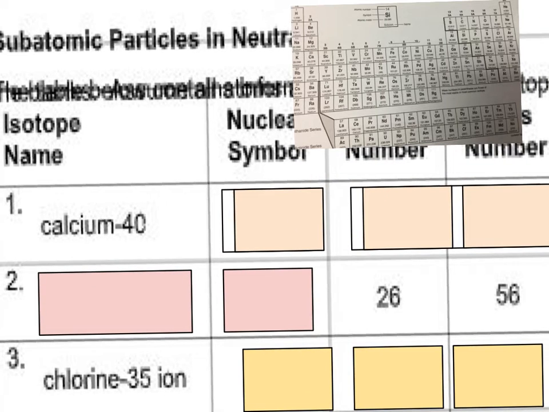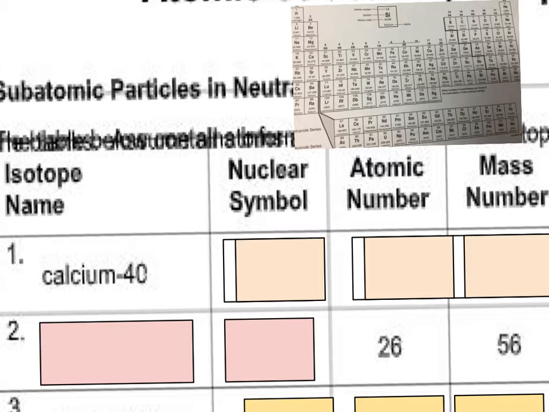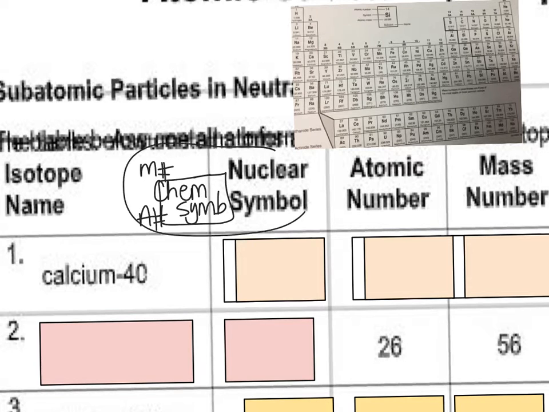And so for our nuclear symbol, remember, nuclear symbol is going to be your chemical symbol, and you're going to have your mass number, and you're going to have your atomic number. And that's how we're going to be writing this nuclear symbol.